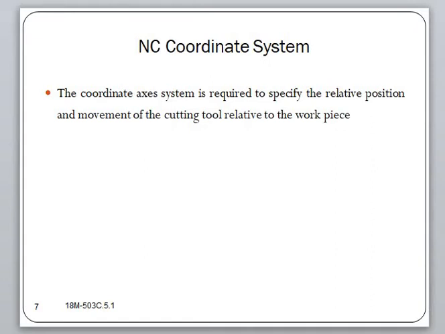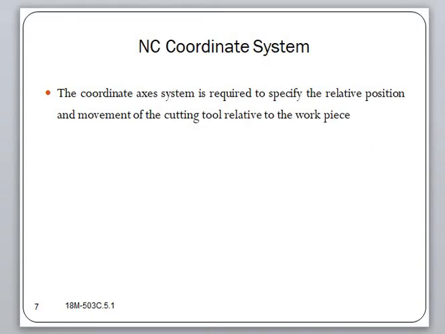Among the most important of these functions is maintaining the correct tool-workpiece positional relationship during machining. This is achieved by establishing a coordinate system and then defining tool-workpiece motion in terms of the coordinate system.